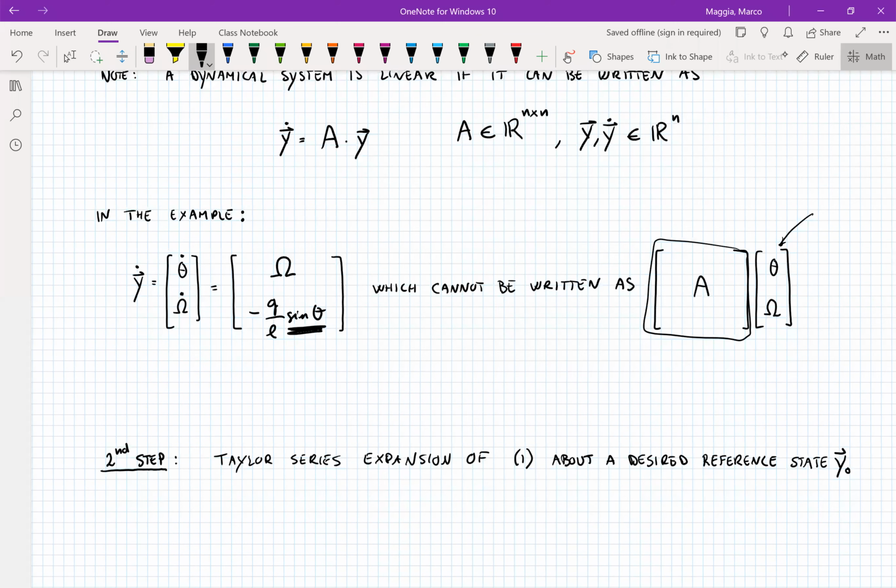So now what we're going to do is call the first line f1, a function of the state, so of theta and omega. And the second line, we're going to call it f2. And this is going to be clear in a second why I'm doing this. All right, so this is step number one.